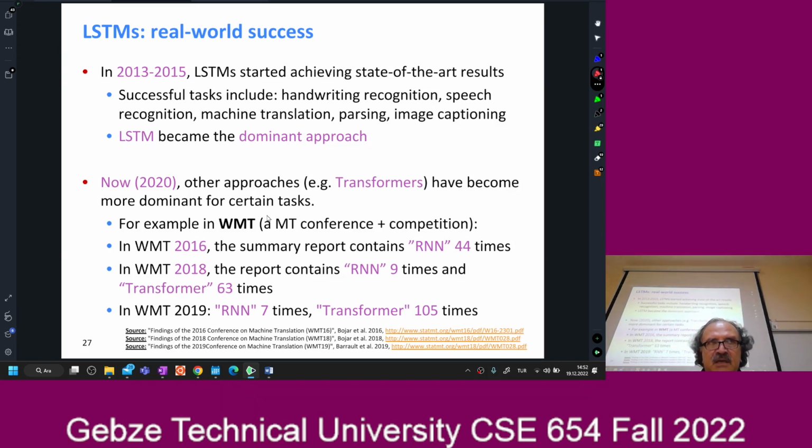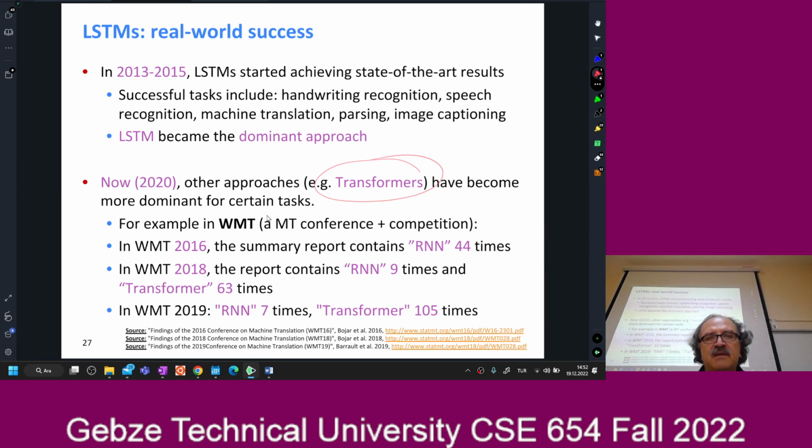Nowadays, LSTMs are dead. Okay, nobody uses them anymore. I mean, for teaching purposes, for trying something fast, or for very small amounts of data, we use LSTMs. But nowadays, it is all transformers.